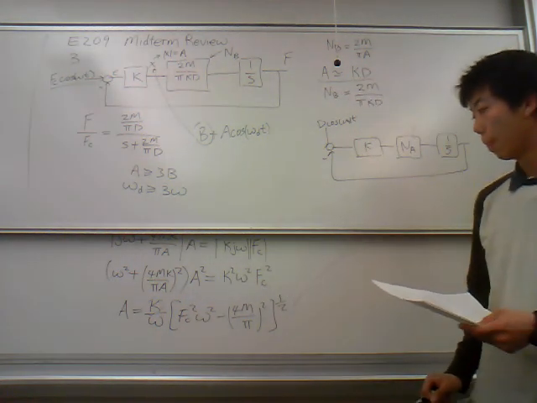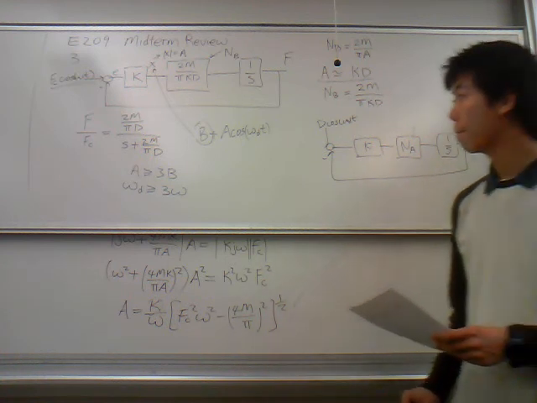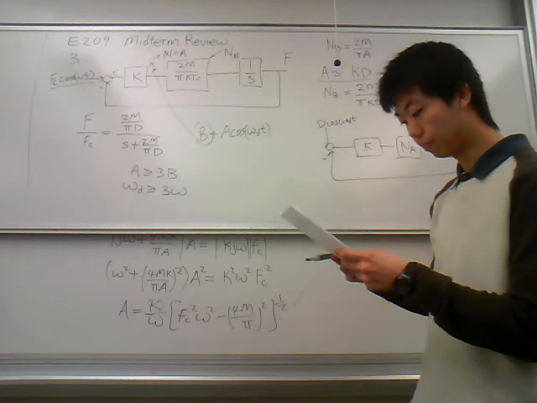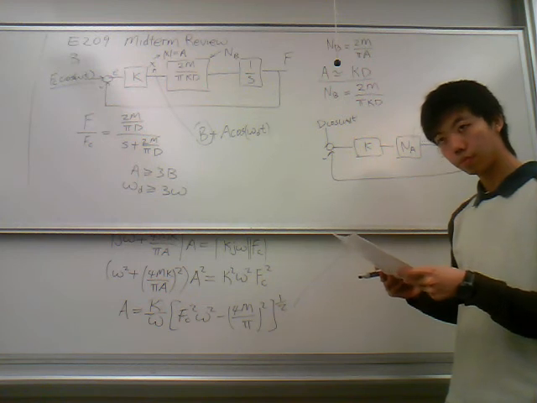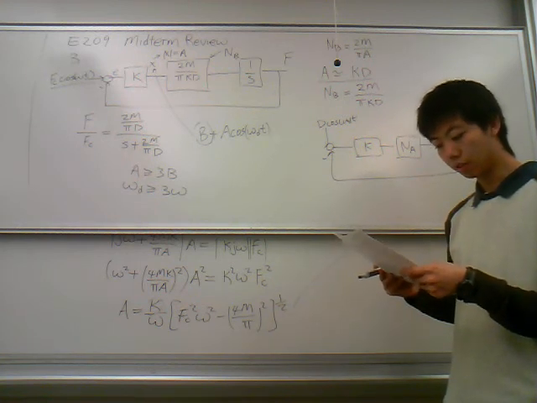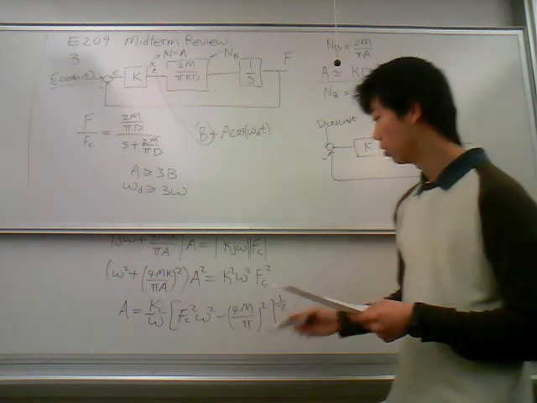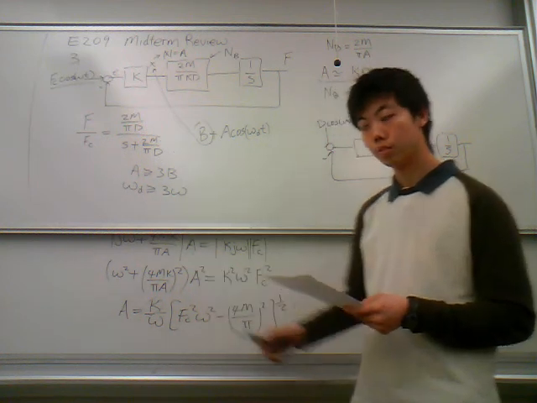And the frequency they're asking is the inside the FC cosine omega. Oh wait, I guess part B just says, does it depend on the amplitude of FC? Okay. So over here, sorry, A depends on FC, right? But here it doesn't. Okay.